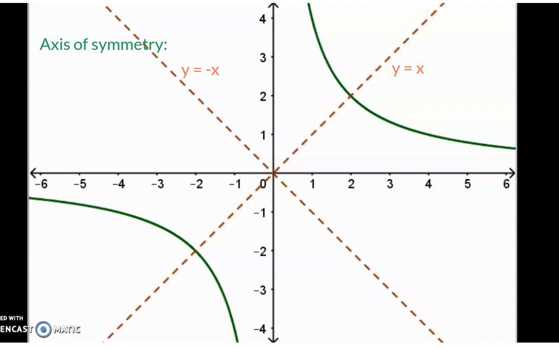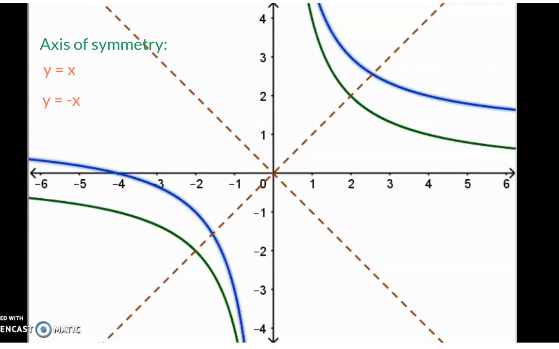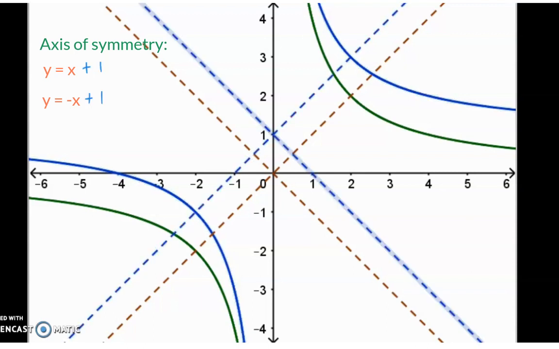The important part to realize is that these two axes of symmetry will move with the graph if it is translated upwards or downwards. For example, if I move this graph up 1 unit, you will see that these are not the axes of symmetry anymore. They do not form the mirror images. Therefore, these two axes of symmetry should also move up 1 unit.